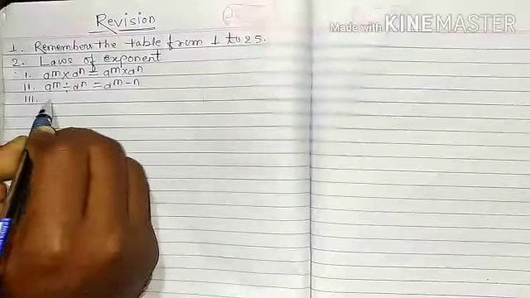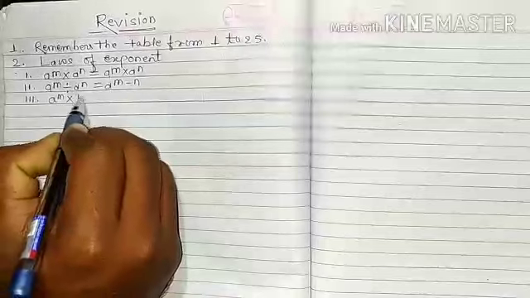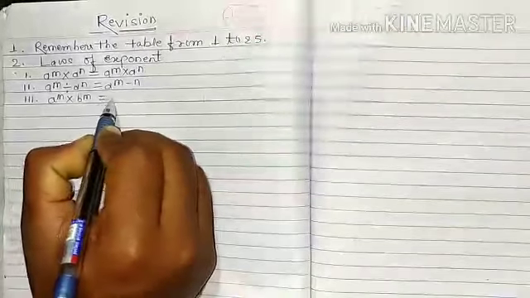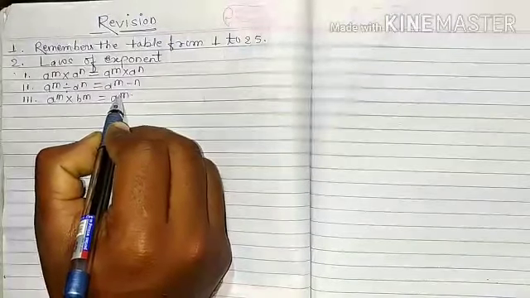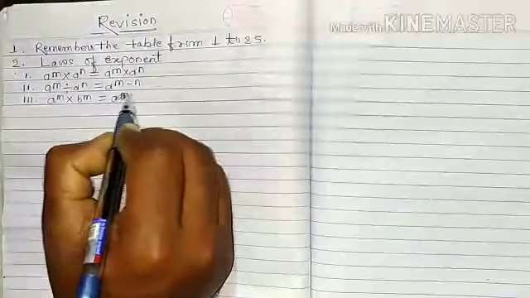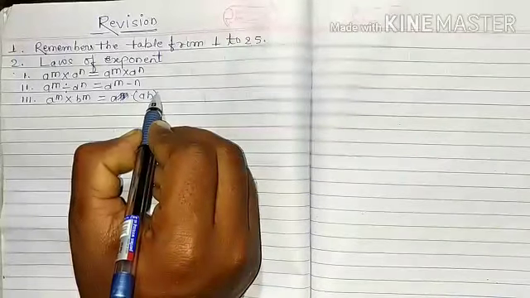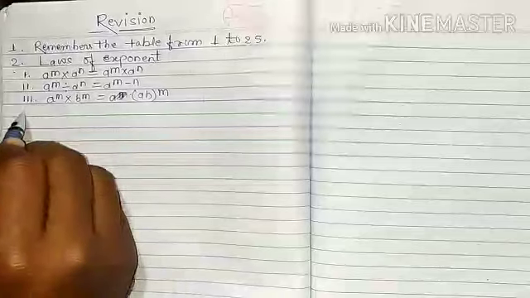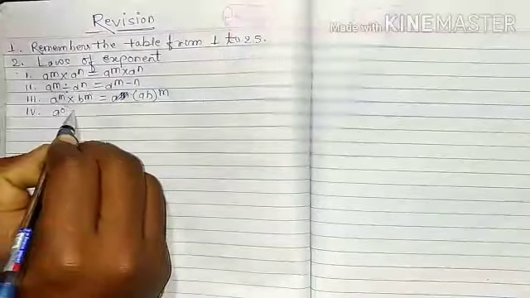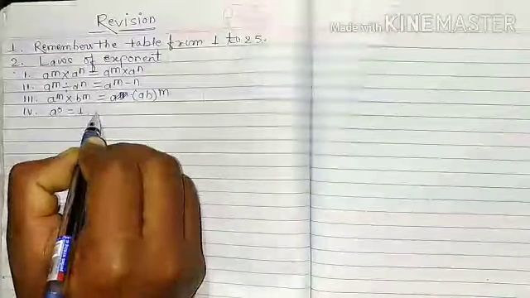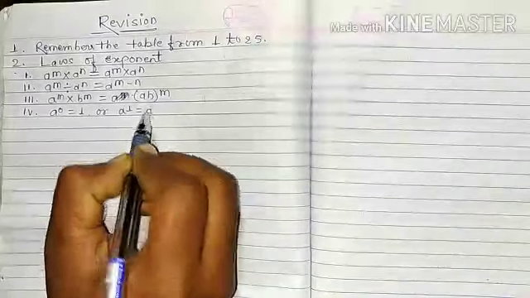Third, a raised to power m into b raised to power m is equal to a into b whole raised to power m. Fourth, a raised to power 0 is equal to 1, or a raised to power 1 equal to a.